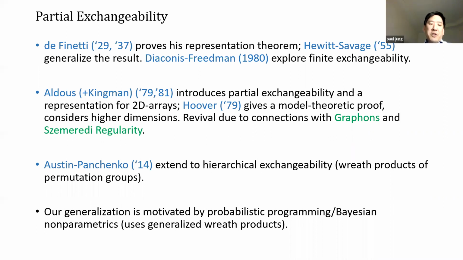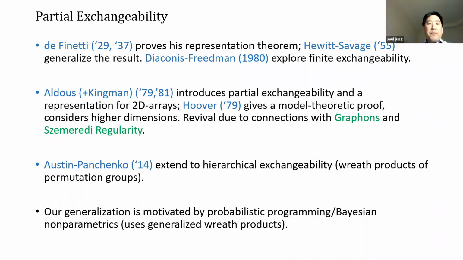And our generalization is a further generalization of hierarchical exchangeability to something that we later noticed also has an algebraic structure called a generalized Wreath product. And there was some work done in the statistics literature by, I think it was Terry Speed and various co-authors, who used this generalized Wreath product in actual applications in statistics.